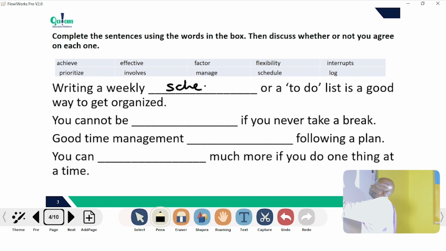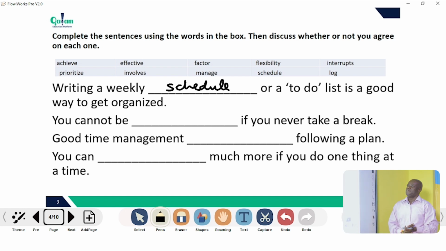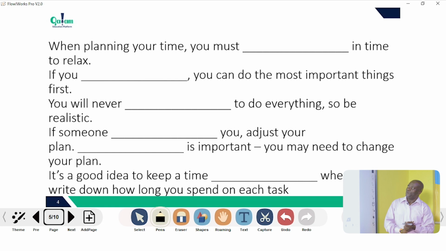Schedule would mean plan. Yes. Writing a weekly schedule or a to-do list is a good way to get organized. Now do for me this. Continue doing.